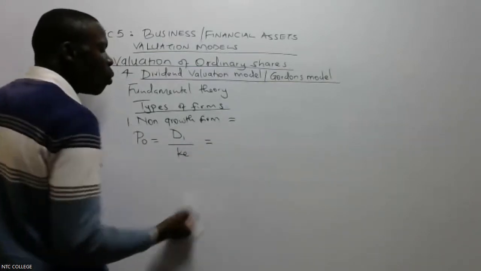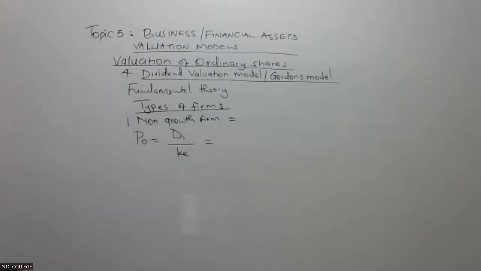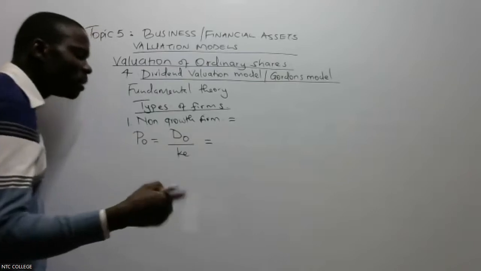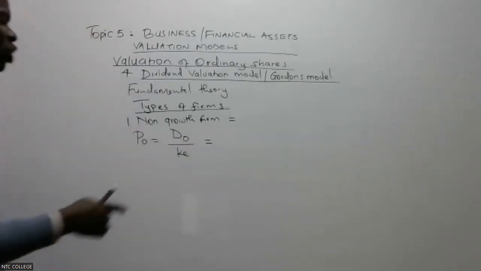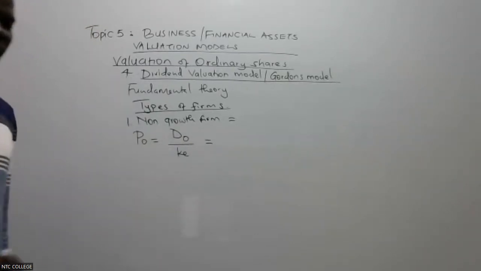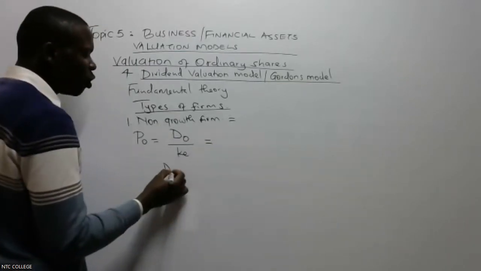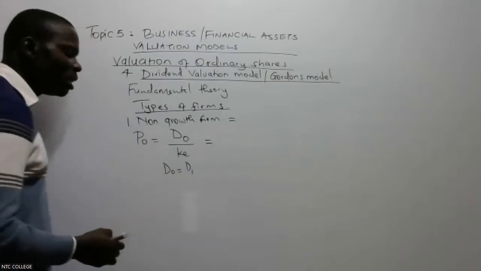So here, what is our D1? Let's use D0 because we've been told it has been paying a constant dividend. So it's D0 over KE. But if you use D1, it's all the same because we say that D0 is equivalent to D1.